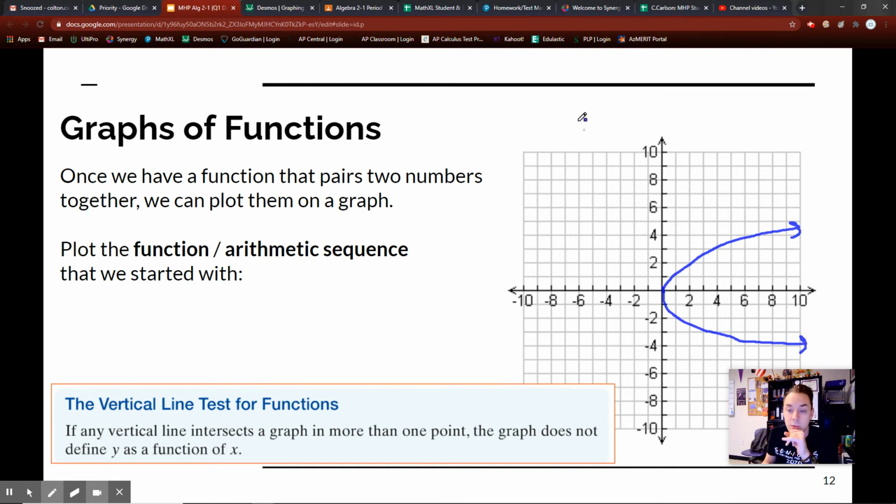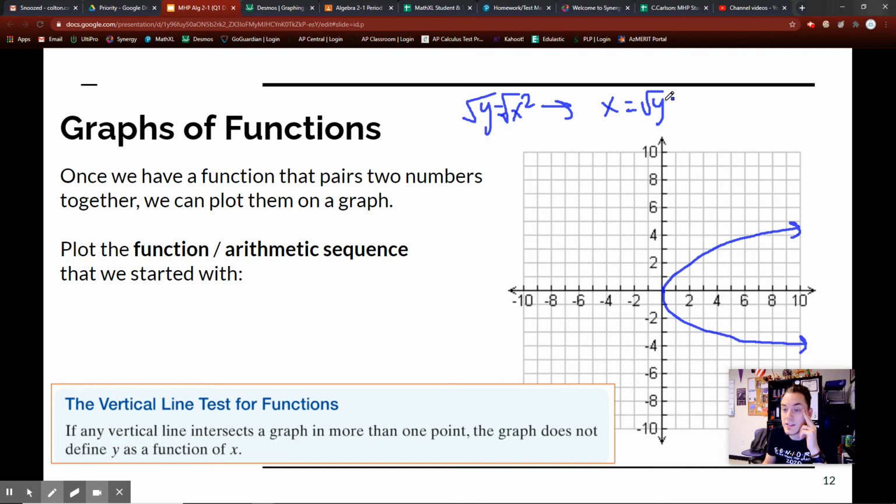If I have y equals x squared, and let's just say I do the square root, so now what I have is x equals the square root of y.